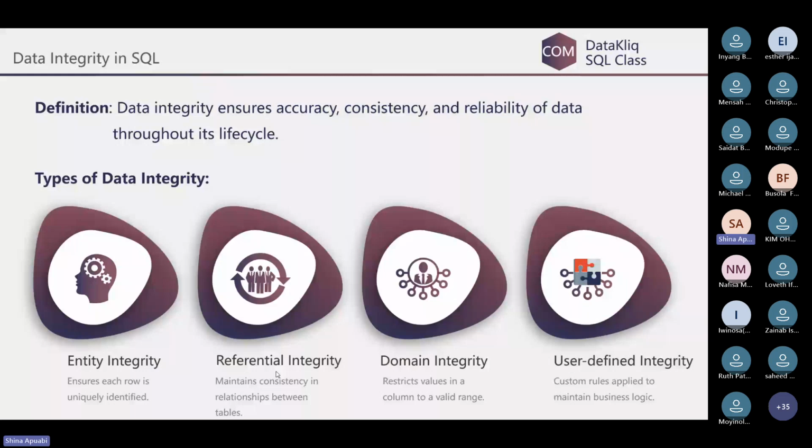So what about domain integrity? What does it do? It's said to restrict values in the column to a valid range. Yes. So what it does is to ensure that data in a column follows a specific rule. Like, let's say a valid age range. If you are creating a table, you must be able to specify the length. Maybe if it is a text, the maximum length it should go, or the minimum.